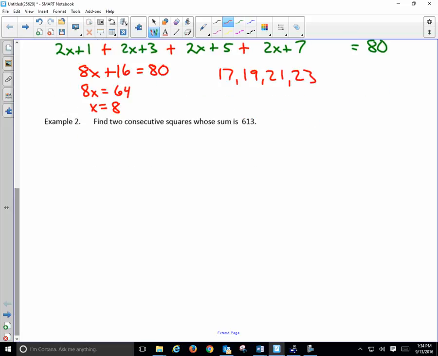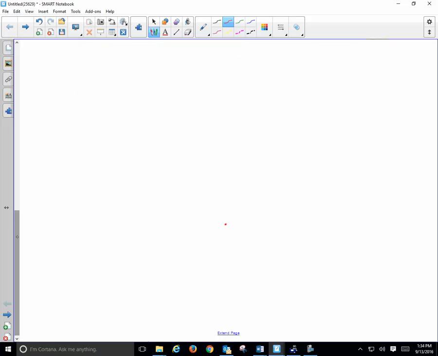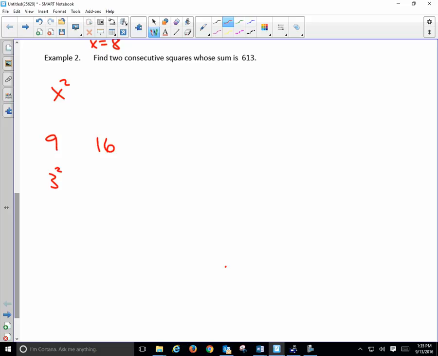Find 2 consecutive squares whose sum is 613. How would I write an expression for 2 consecutive squares? Okay, so 2 consecutive squares would say be 9 and 16, which is 3 squared and 4 squared, correct?